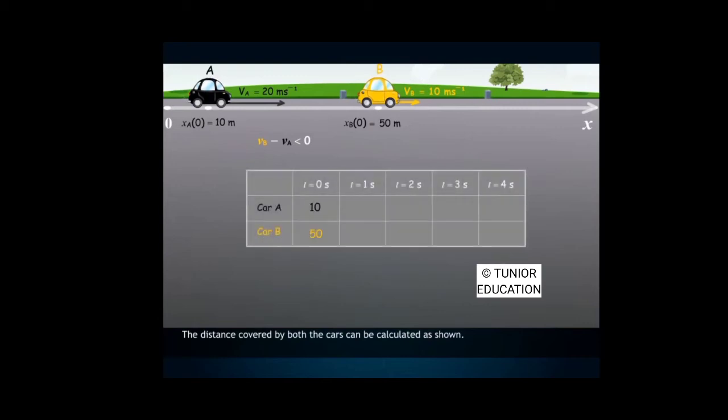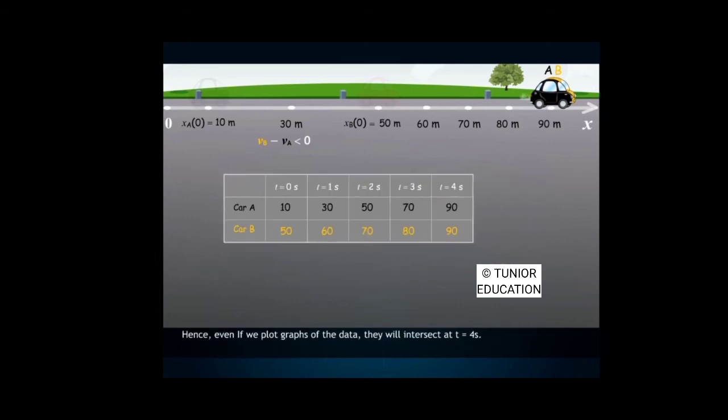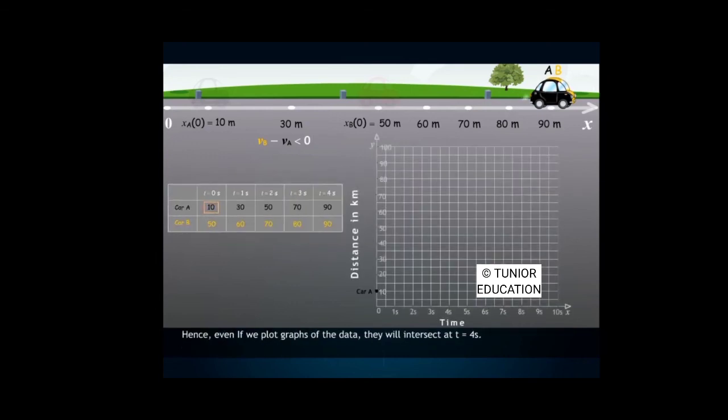VB minus VA is less than 0. From the table, we are able to see that after a period of 4 seconds, both the cars would have covered a distance of 90 meters. Hence, even if we plot graphs of the data, they will intersect at t equals 4 seconds.